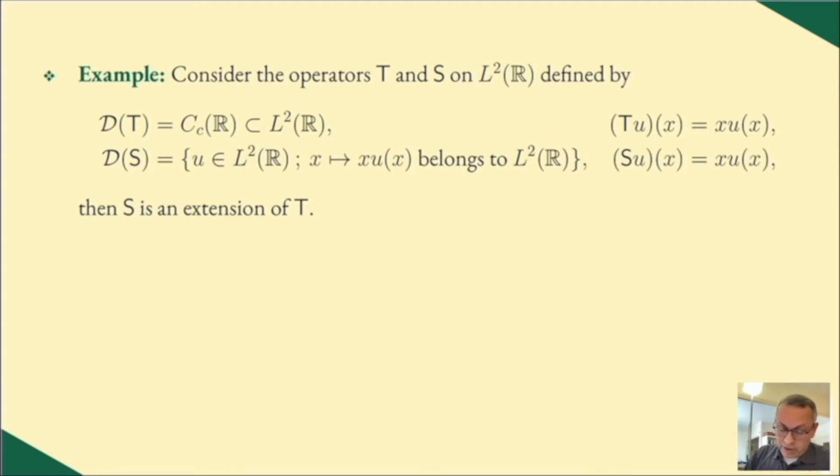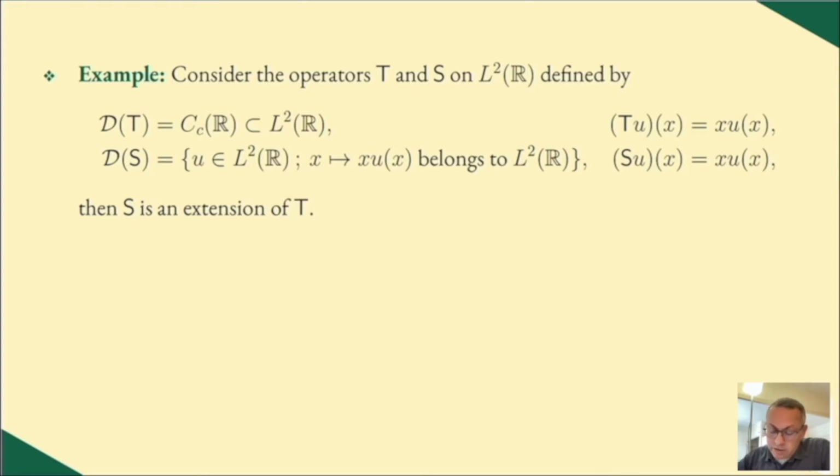For the operator S, the action is the same, as you can see here, but the domain is different. We're going to consider the functions u such that x u(x) is an L2 function. So u doesn't even have to be continuous here, as long as x u(x) is in L2, that's fine.